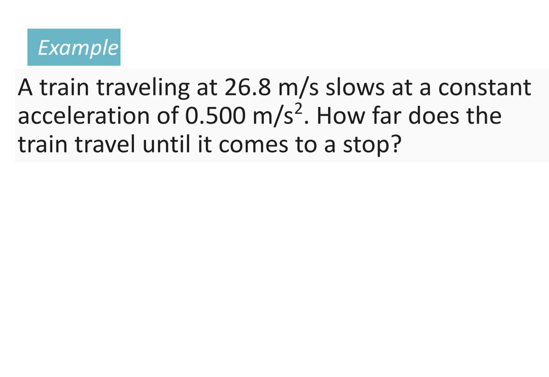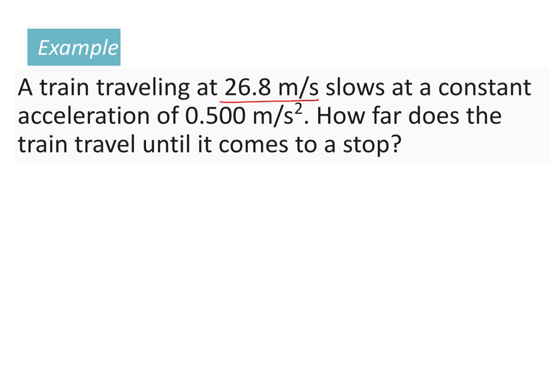All right, so let's talk about what we know. Traveling at a rate of 26.8 meters per second. What is that telling us? This is the starting velocity. It is telling you how fast it is traveling, right? Starting velocity.